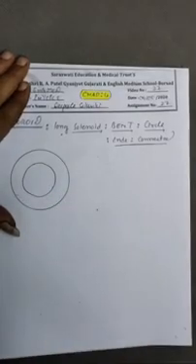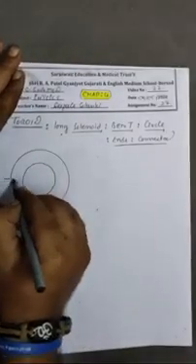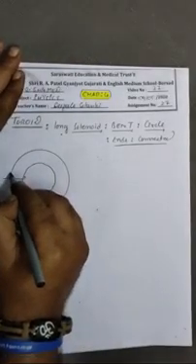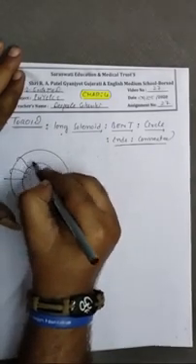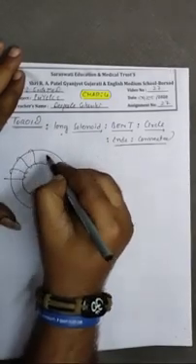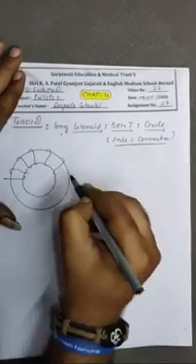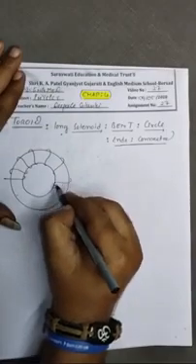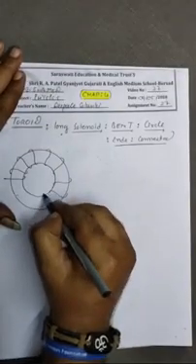Simple. And over this we have to wind a wire which is closely wound. Got it? So this is the simple mechanism of a toroid.